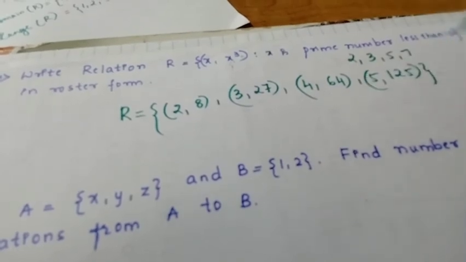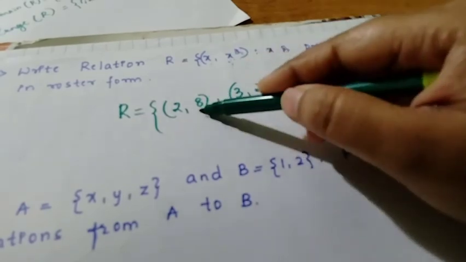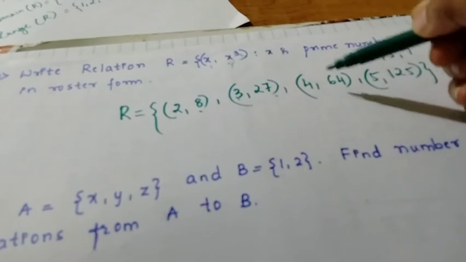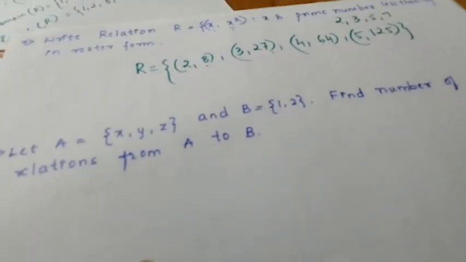So this is your relation R. It is very simple. Taking 2, 2 cube is 8. Taking 3, 3 cube is 27. Taking 4, 4 cube is 64. Taking 5, 5 cube is 125.